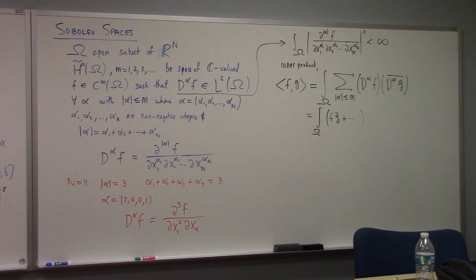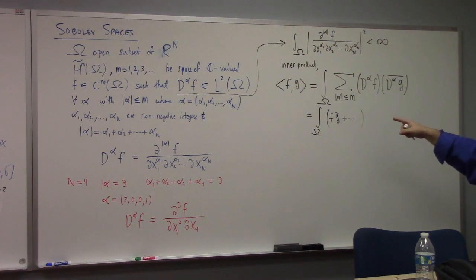So then he says this is indeed an inner product space, which I think is pretty easy to believe. Why? Because of the linearity of partial derivatives. Partial derivatives are linear, and you're taking the complex conjugate of something linear, so you get linearity in the f slot and conjugate linearity in the g slot.